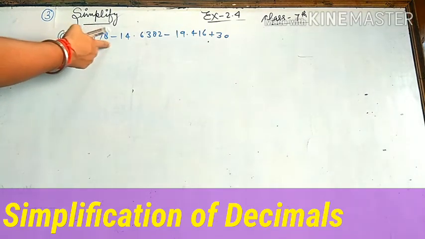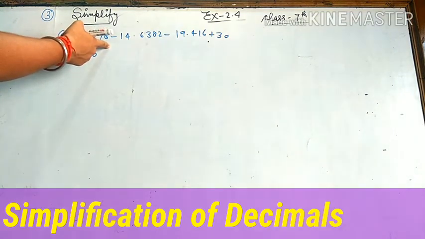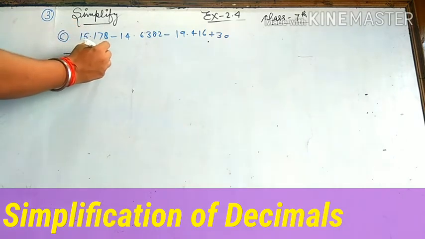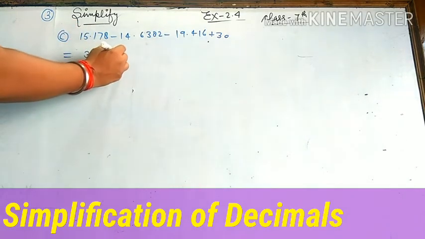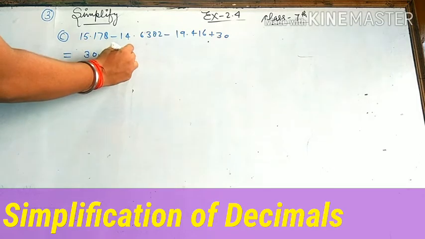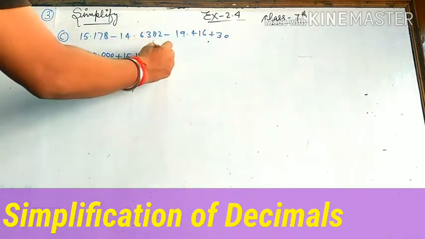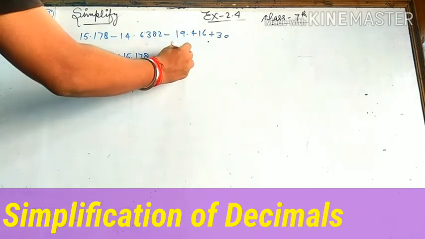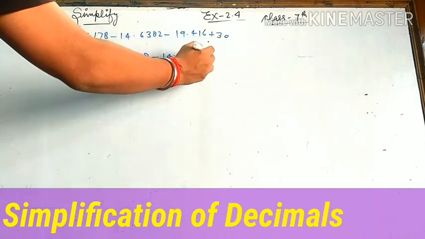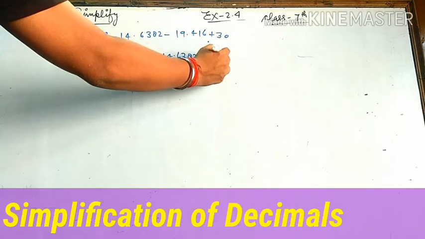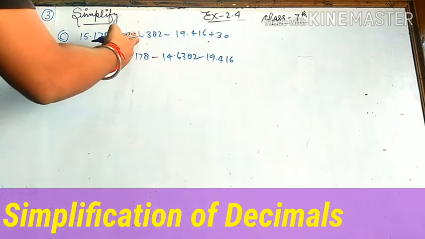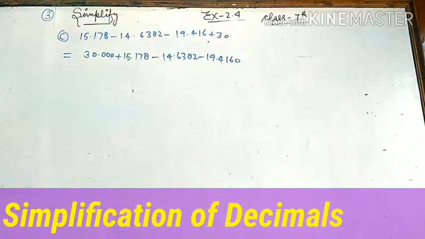Look here, there are 3 places after the decimal, so we will add 30 after the decimal, and plus 15.178 minus 14.6382 minus 19.416. Yes, 4 digits, so we will add 0 here also.